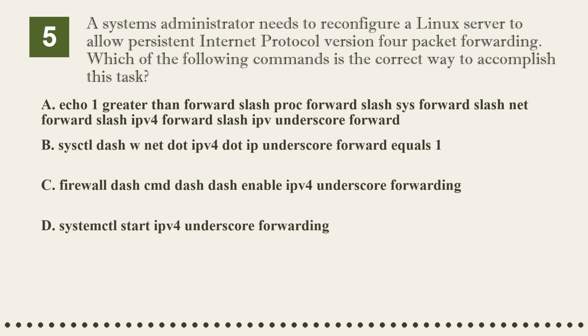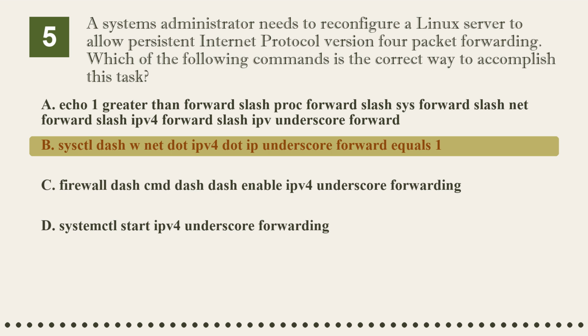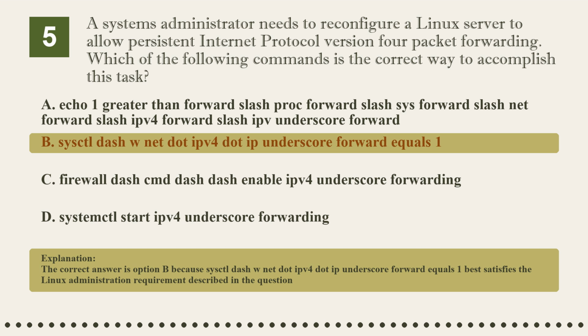Option C, firewall-cmd --enable ipv4_forwarding. Option D, systemctl start ipv4_forwarding. The correct answer is option B, sysctl -w net.ipv4.ip_forward=1. The correct answer is option B because sysctl -w net.ipv4.ip_forward=1 best satisfies the Linux administration requirement described in the question.